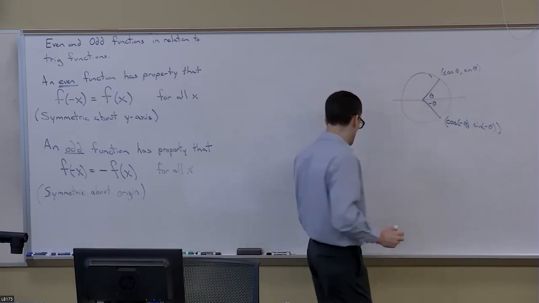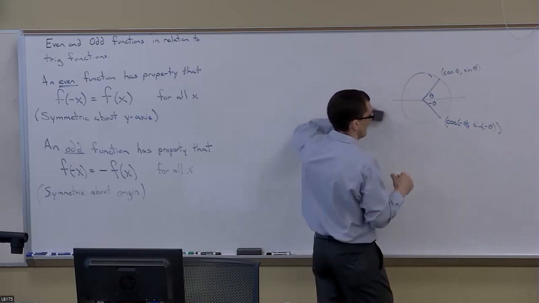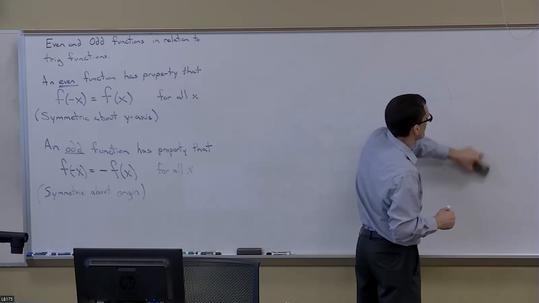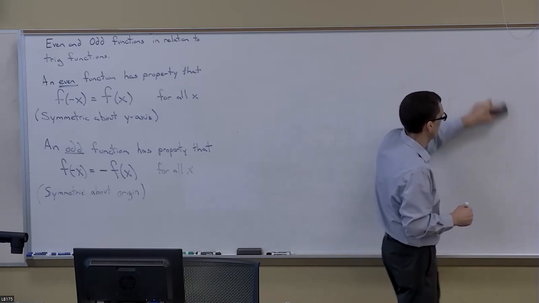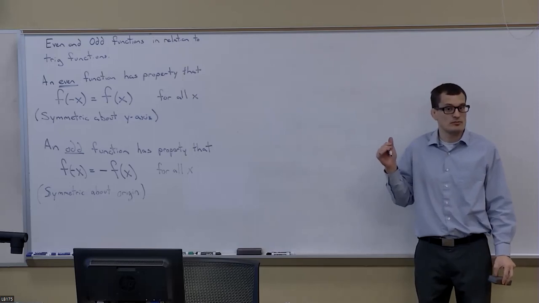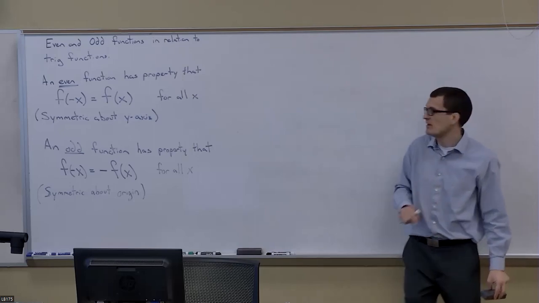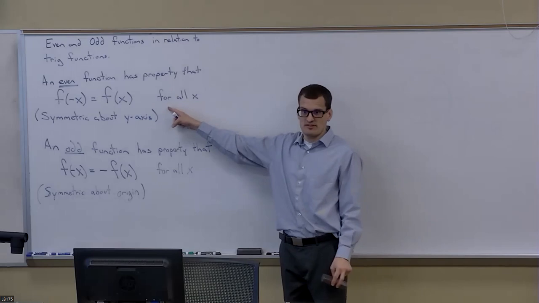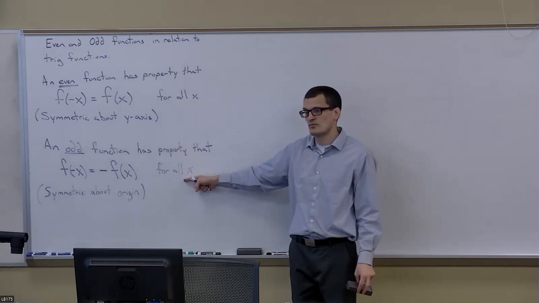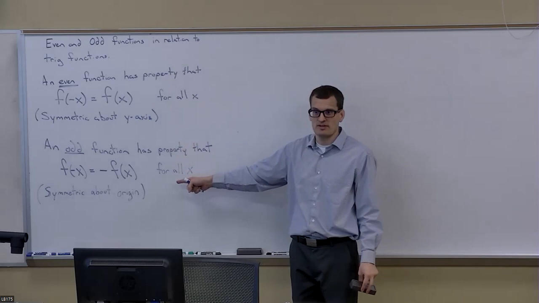So what we're saying, unit circle wise, is that if you input a negative angle into cosine, you get the same as you got when you input a positive angle. And with sine, you get the opposite of the output when you input the negative angle as when you input the positive angle.